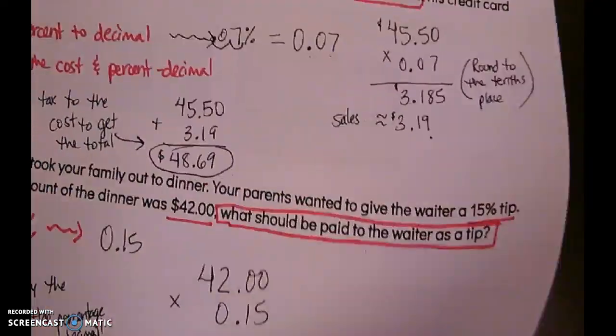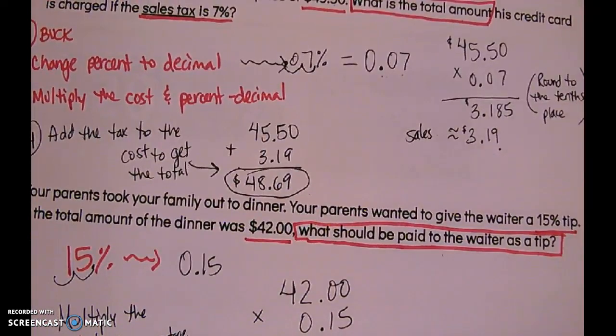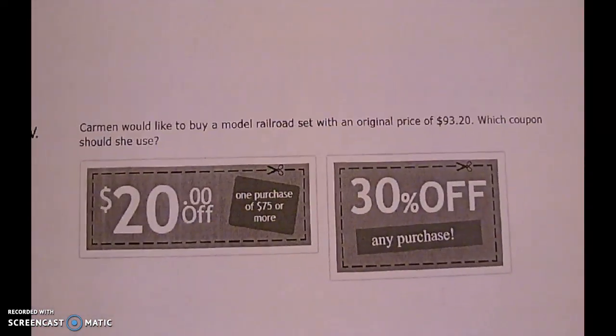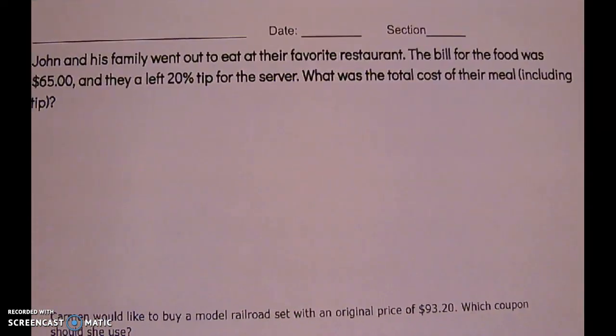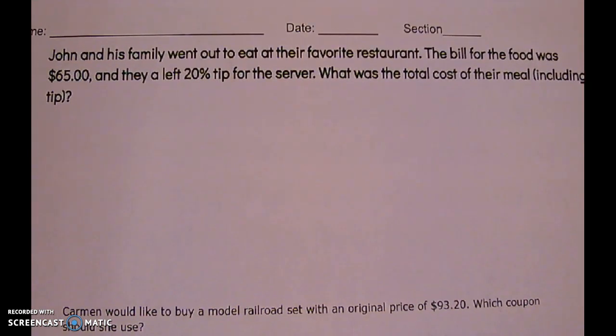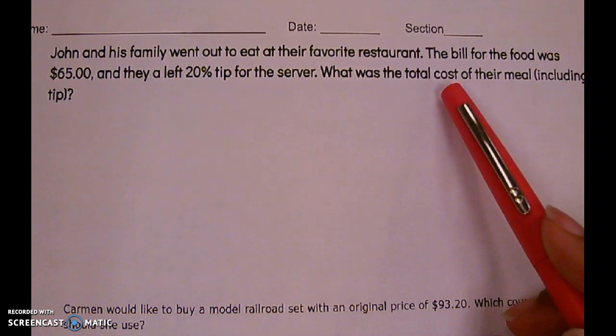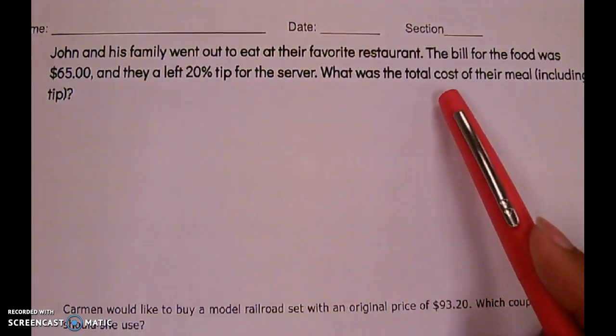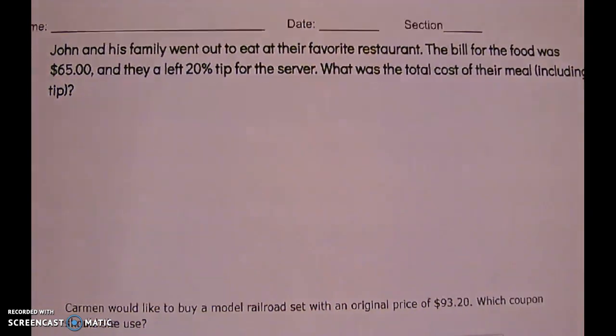Now, on the back of your notes, there are 3 additional problems. I want you to either work independently or work with a partner, and I want you to go through these problems. There is a problem here that deals with tip, but you're going to have to make sure that you read the question and understand what the question is asking.